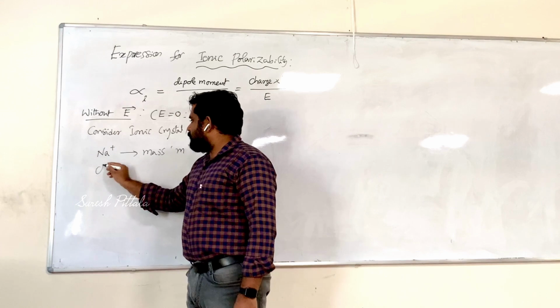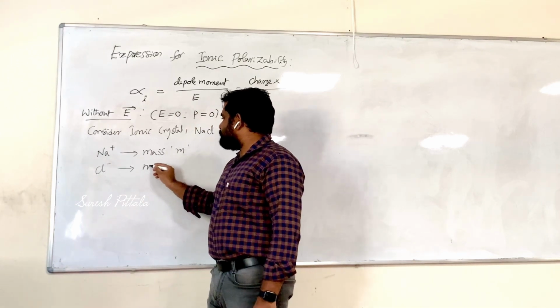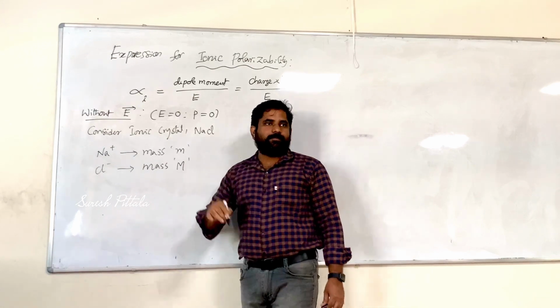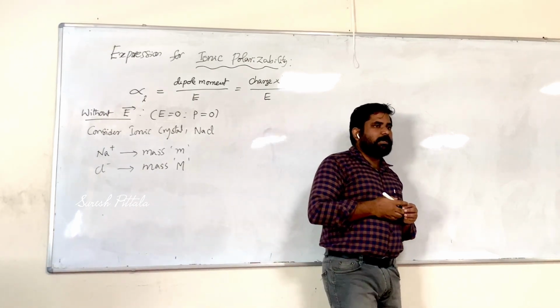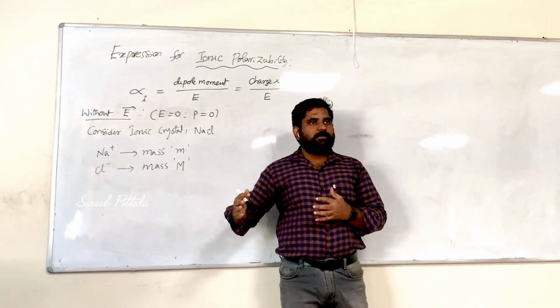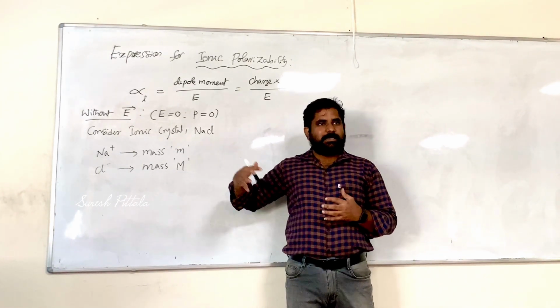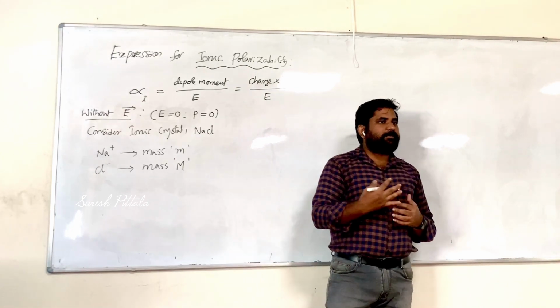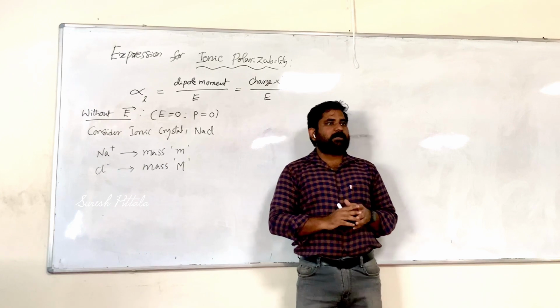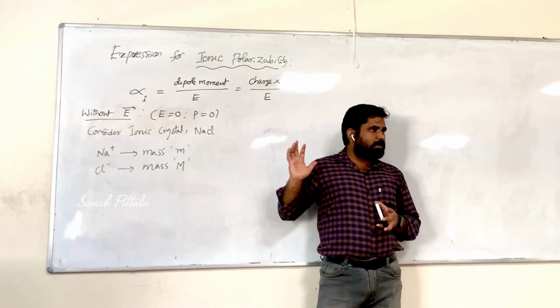And let me call chlorine's mass capital M. Why do you care about mass? Because you need to displace them. So if the mass is more, it will move a lesser distance compared to the lighter element. That's why masses are important when you talk about ionic crystals.